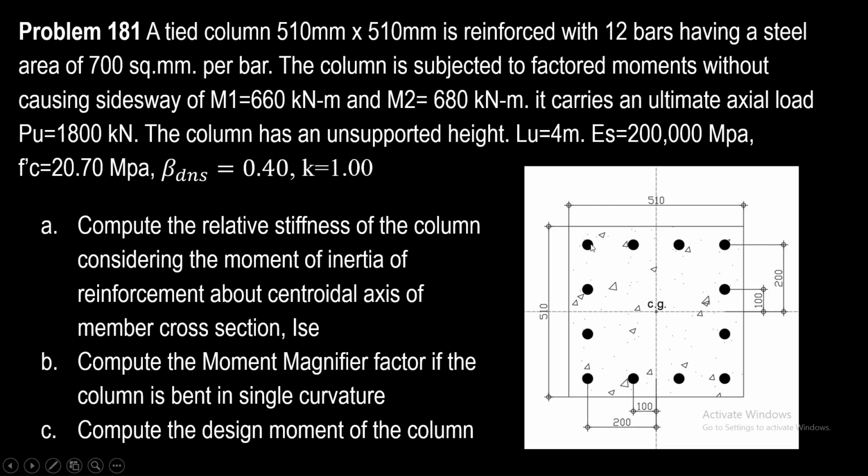So 8 times 700, and the distance to the center of gravity is equal to 200. Next, 4 pieces of 700 times 100: 1, 2, 3, 4 at the top, 700 square millimeter each bar, and the distance from the center of gravity is equal to 100.